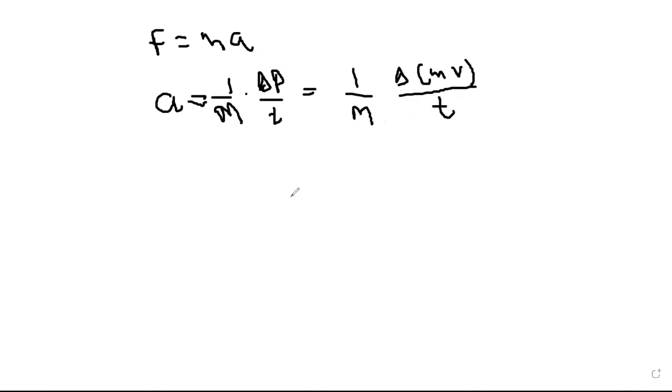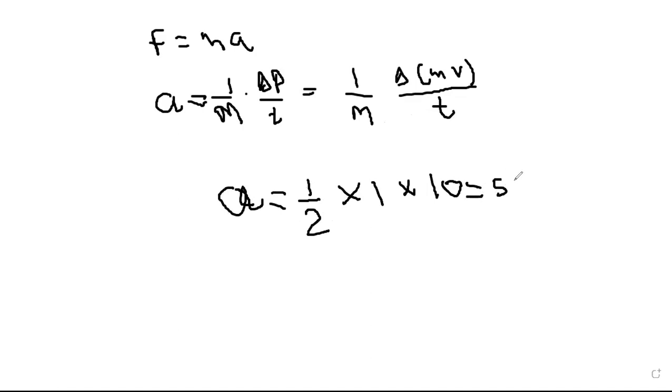So a is equal to 1 by 2, multiplied by 1, multiplied by 10. So the acceleration is 5 meter per second square.